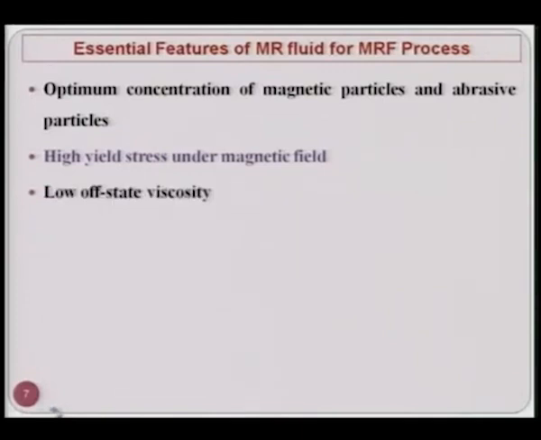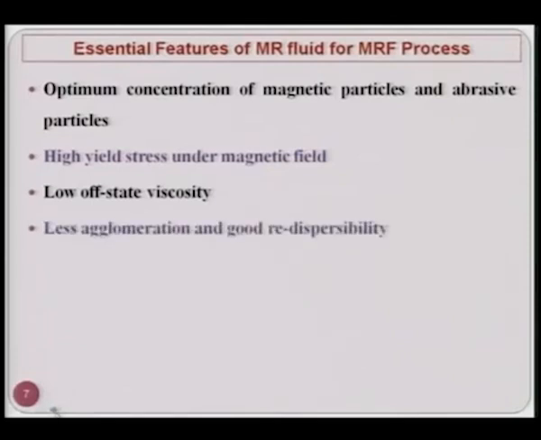Low off state viscosity means that when no magnetic field is applied, or when the fluid is not under the influence of the magnetic field, the viscosity of the fluid should be low. One reason for this is so that it can easily flow in complicated shapes, and into very fine features of the component.